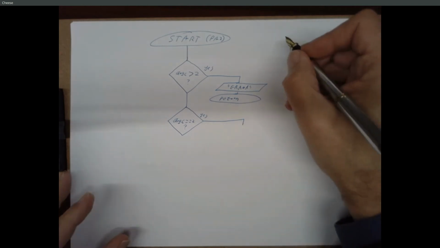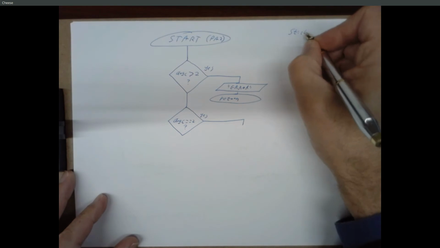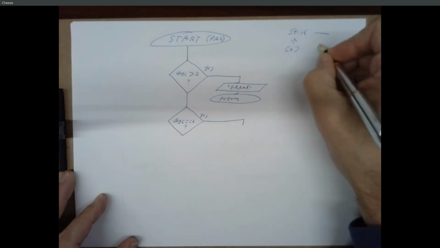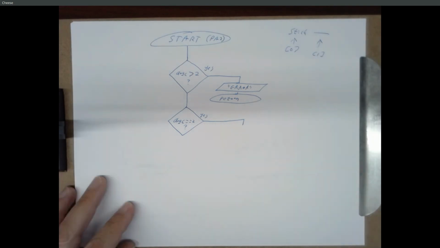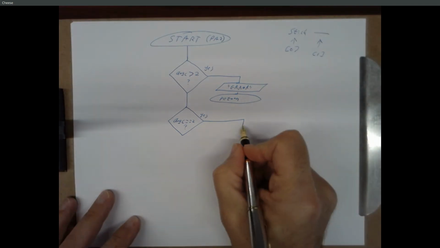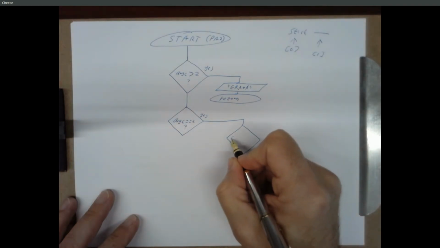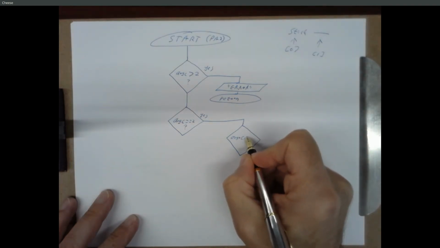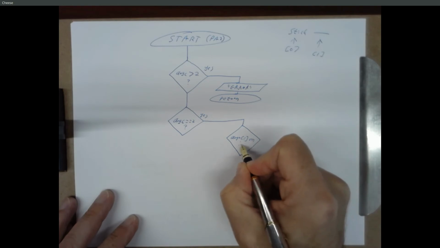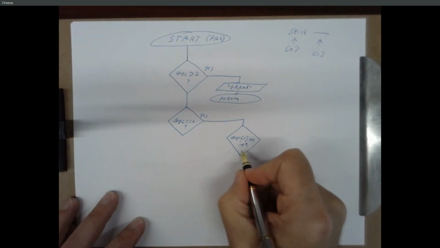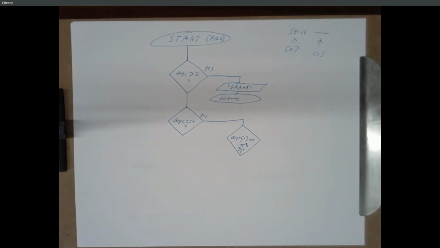If they said stick something, this is argv bracket 0, this is argv bracket 1. So let's check argv bracket 1. Is it an integer? And it's got to be greater than or equal to 10.